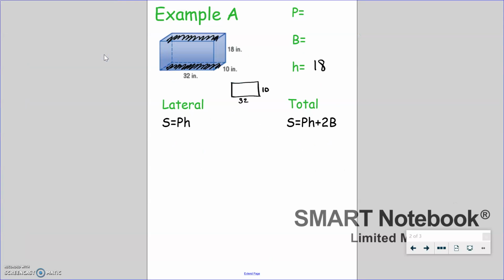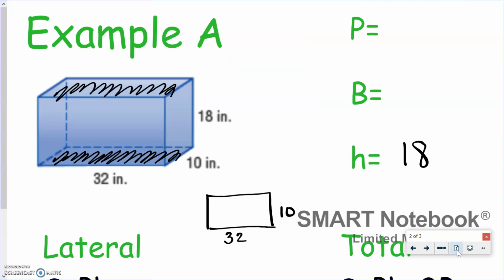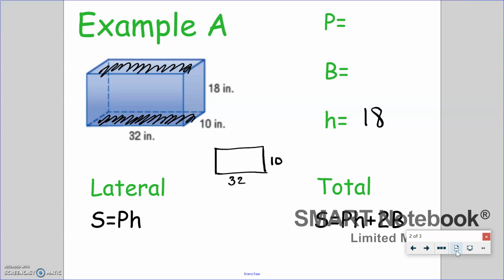Now that we have our base shaded as well as labeled out, we are going to complete the perimeter of the base as well as the area of the base. We know that to find the perimeter of a rectangle, or a perimeter of any shape, we need to add all the sides.